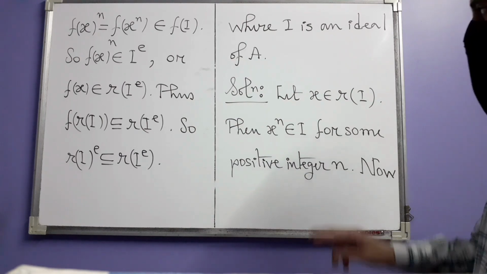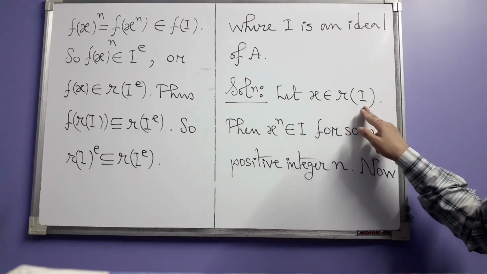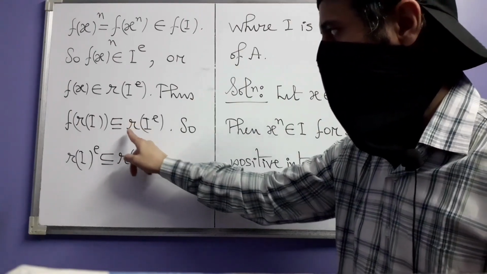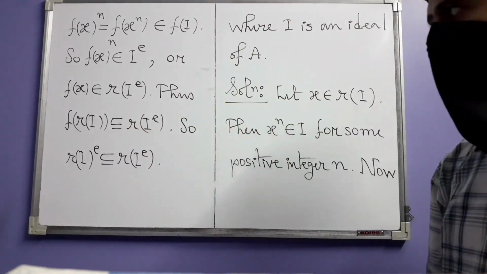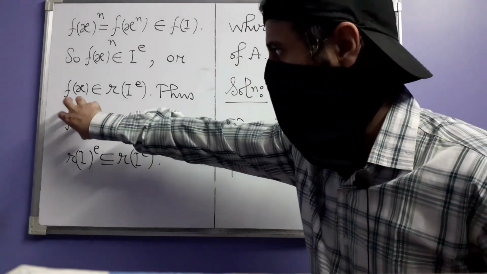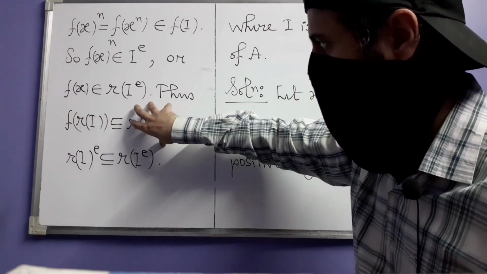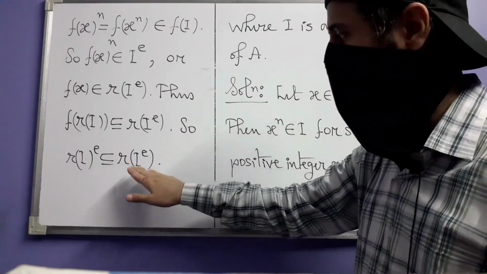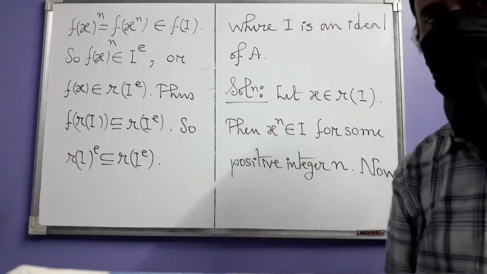But what is f of x? x was an arbitrary element of R of I. So f of R of I is contained in R of I^e. But if this f image is contained in this, then by the definition of the extension of R of I, that would also be contained in this. Why?